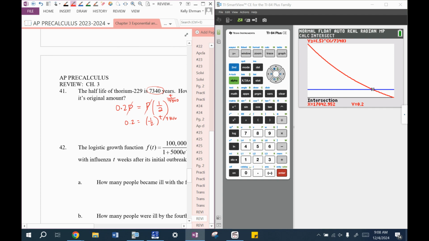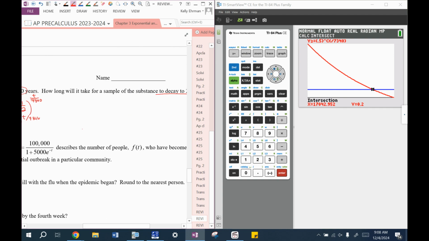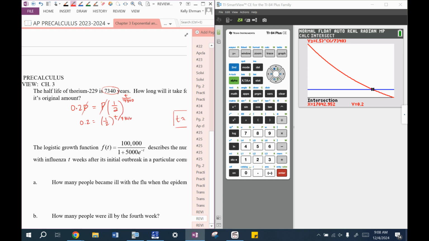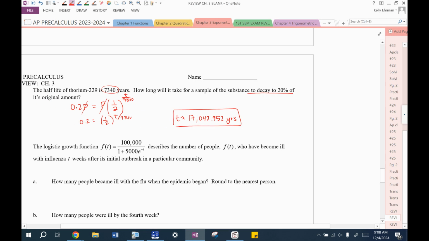Let me split here so I don't have to go back and forth. So this comes out to 17,042.952 years. That's how long it would take to get down to 20%. And again, what if you're solving algebraically? Well, there's nothing to isolate here. So you would say, I'm going to log base 1/2 both sides.